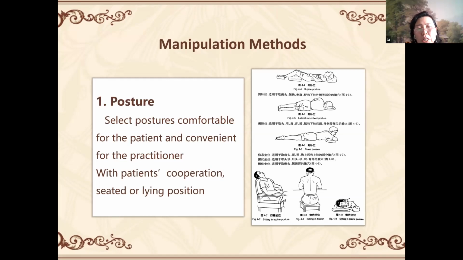So talking about the posture, it depends on the problem the patient suffered from. For example, for paralysis of the lower limb, I prefer to let the patient lie on the bed. In this way, we can stimulate the scalp and at the same time ask the patient to move the extremities.